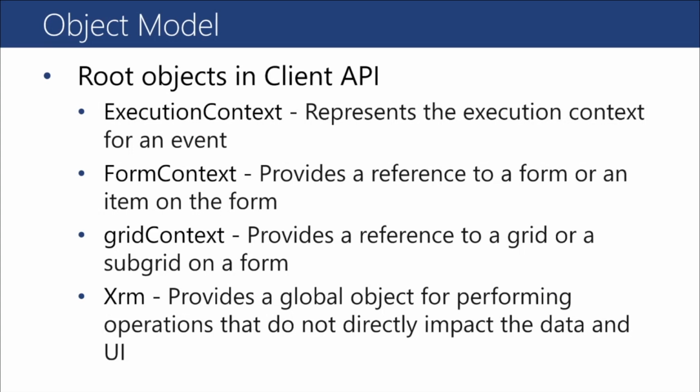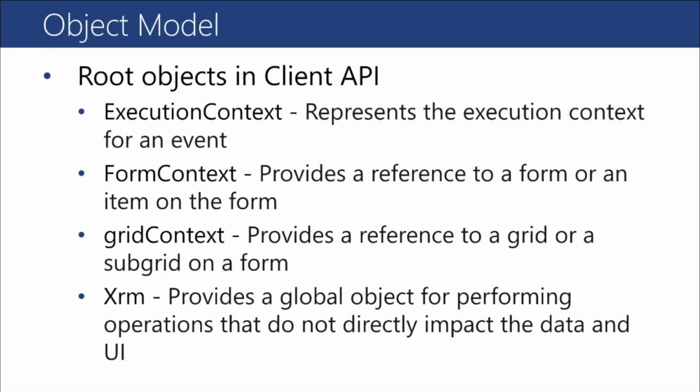It's important that you understand the model-driven apps client API object model to effectively write and use your JavaScript code in Dynamics 365 customer engagement. You must remember to select pass execution context as the first parameter in the event handler properties when you are defining against a form context object. Just a quick reminder, use of the Xrm.Page object as a static access to the primary form context is still supported, but it is deprecated.